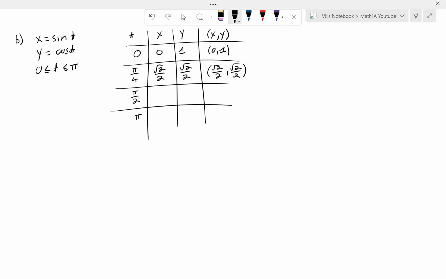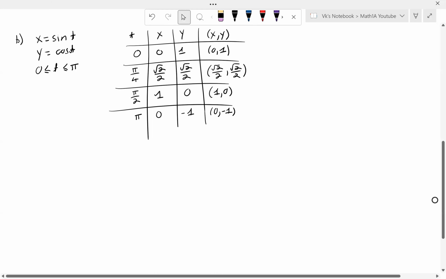Sine of pi over 2 is 1, cosine of pi over 2 is 0, so (1, 0). And sine of pi is 0, cosine of pi is -1, so (0, -1). All right. Let's take a look.